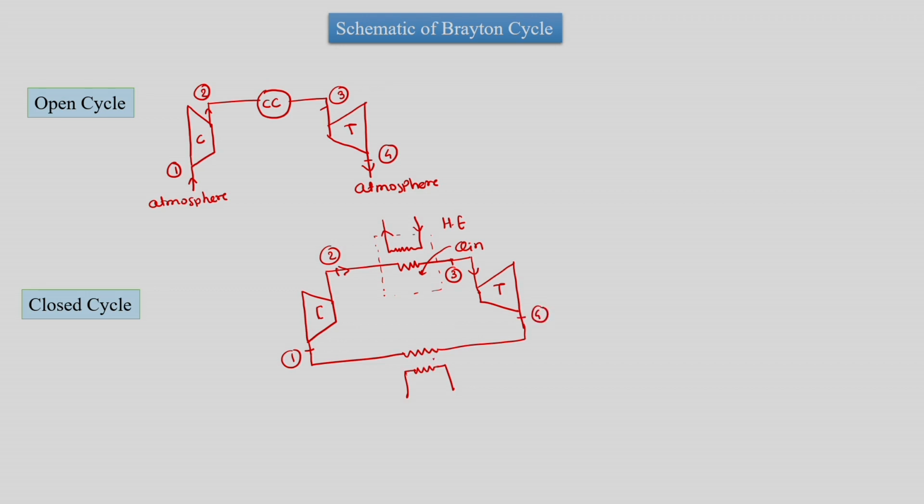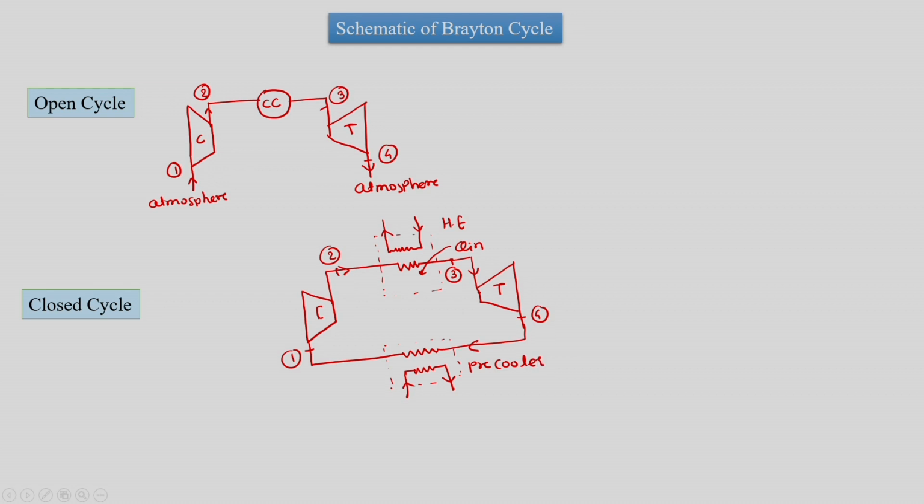After the 3 to 4 expansion, a precooler will have a cold fluid which will be taking heat from the air undergoing the process 4 to 1, which is a constant pressure heat rejection process. This is a precooler.